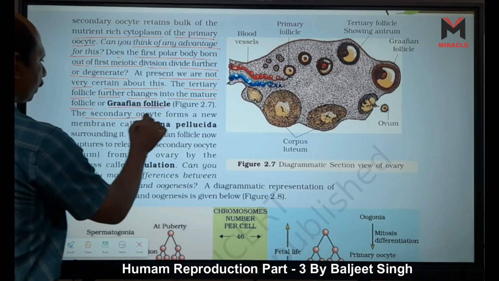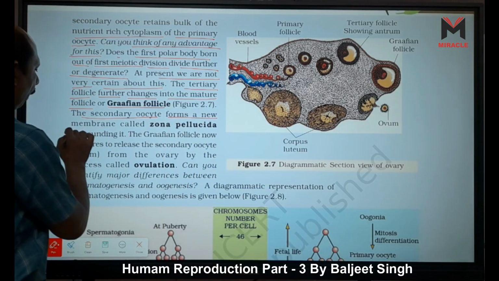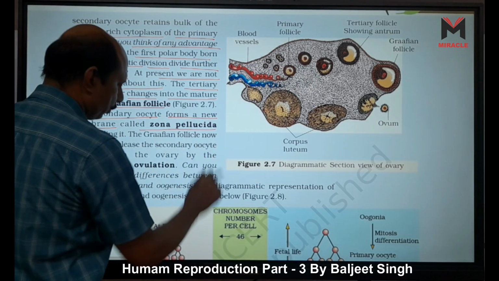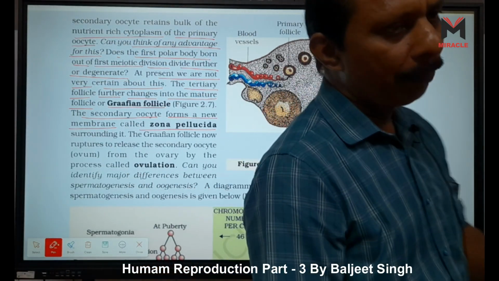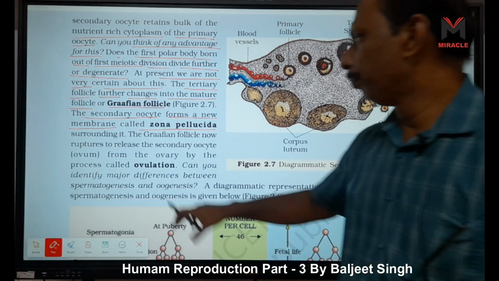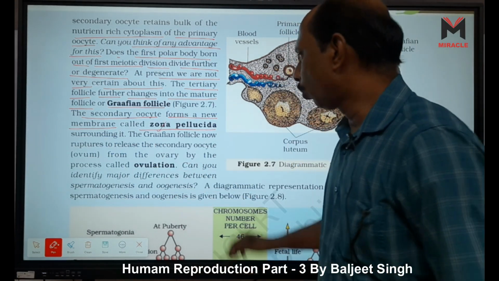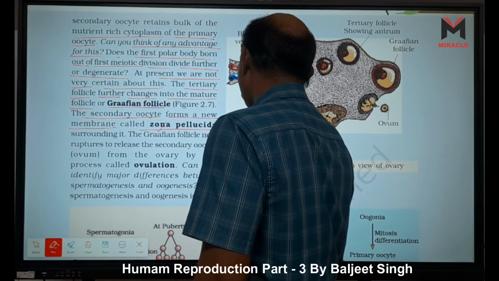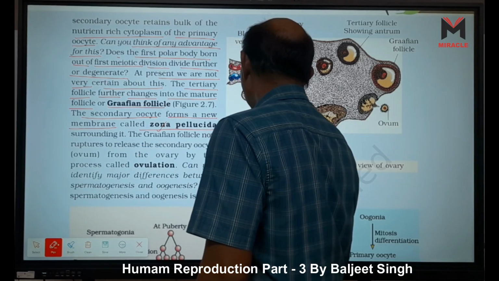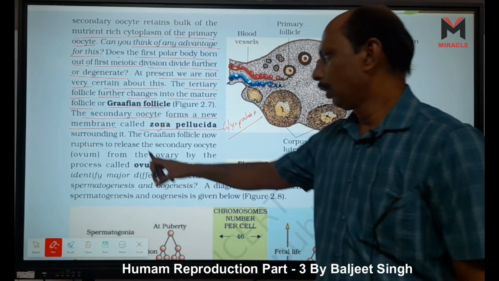The secondary oocyte forms a new membrane called the zona pellucida, and this zona pellucida is a glycoprotein surrounding it.